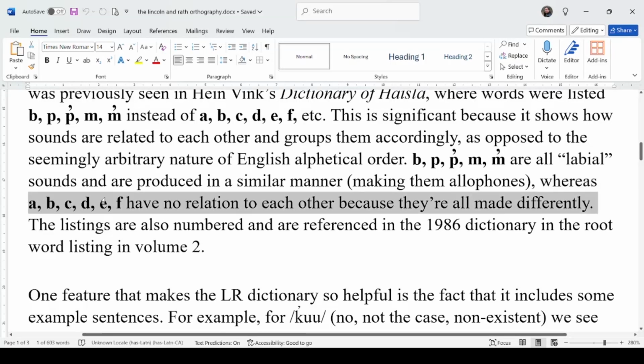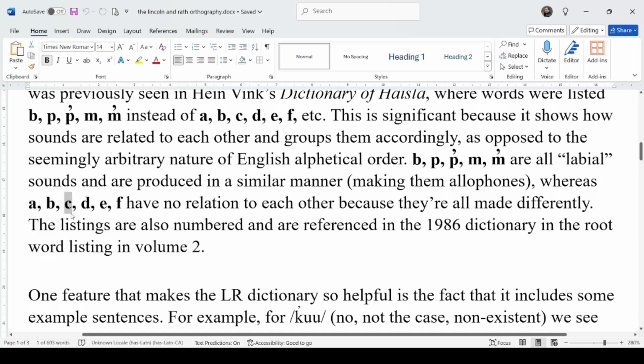whereas A, B, C, D, E, F, if you think about these letters, what do they have in common? Nothing. They have no relation to each other because they're all made differently. So if you look at this, A is a vowel, B is a consonant, C is also a consonant, so B is a labial consonant, C is an alveolar consonant, it's actually an affricate.